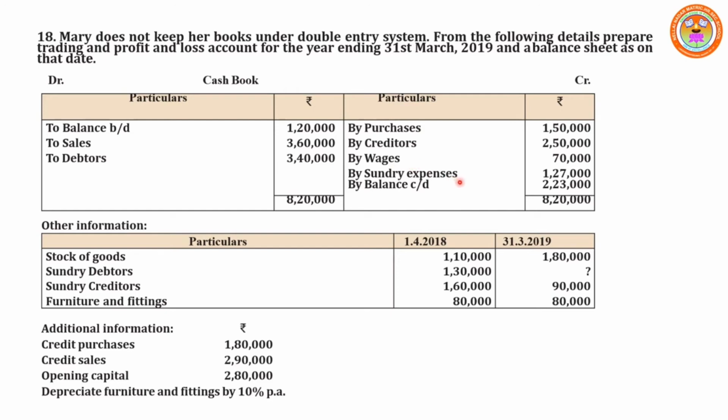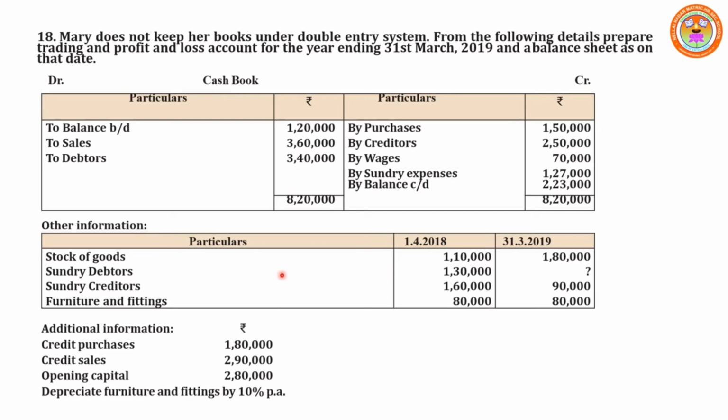By sundry expenses, profit and loss account debit side. By balance c/d, the closing value of cash, the year end value, shows 2,23,000. So look at the cash book: each item appears somewhere in the further process.